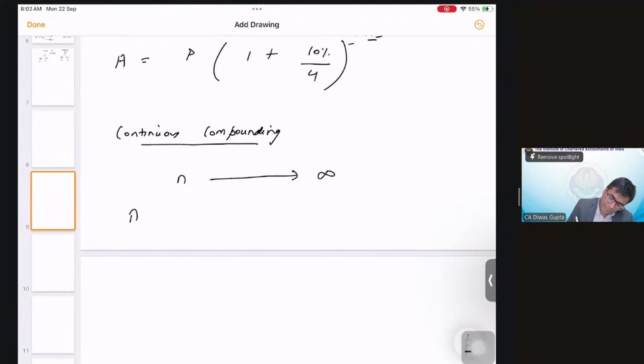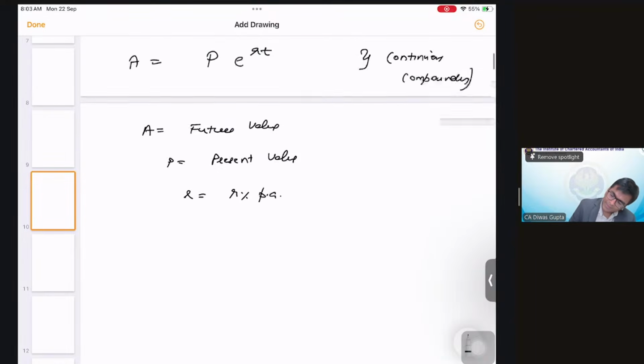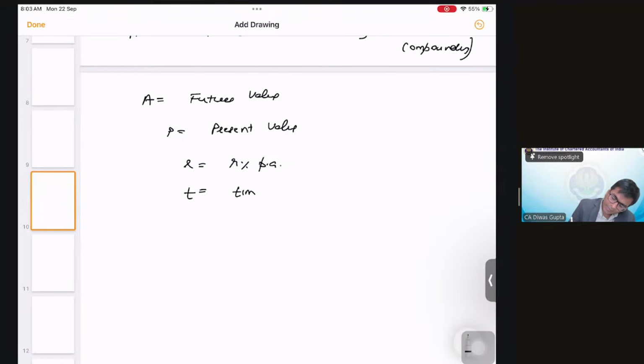So the formula here becomes A is equal to P e raised to the power R into T. This is the formula of continuous compounding, where A is the future value, P is the present value, R is the rate percentage per annum, T is the time in years, 1 year is equal to 1, and e is the exponential function.